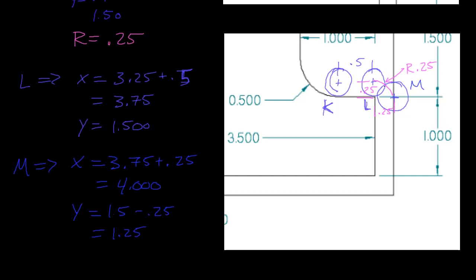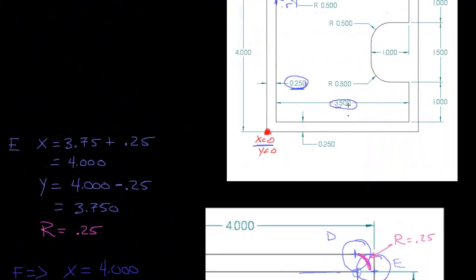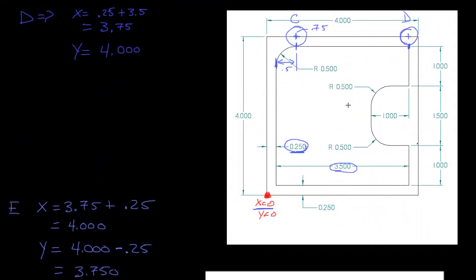And there's another way we can check this. Let's look at the overall block again. So we are right here with point M. There's our point M. And I know that in the y position, if this is y0 right here, this is 0.25 inches, and this is 1 inch, so 0.25 plus an inch is 1.25 inches.